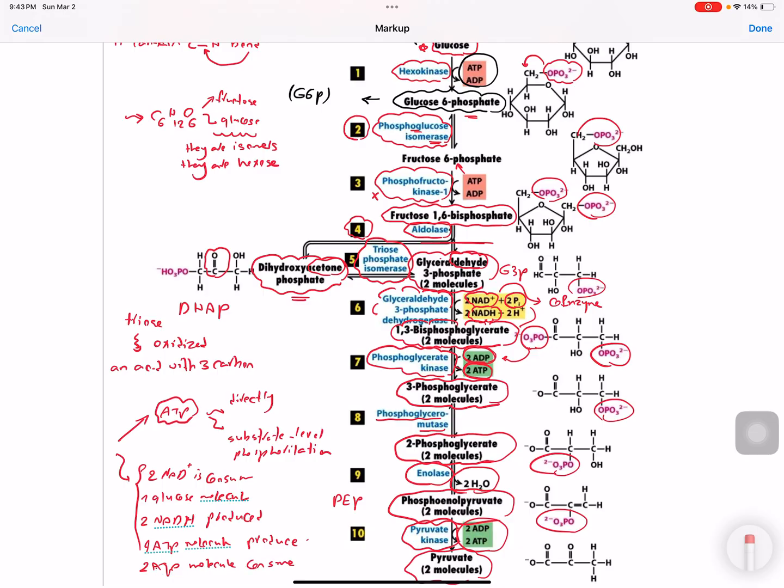So the net gain of ATP is 2 in this reaction.